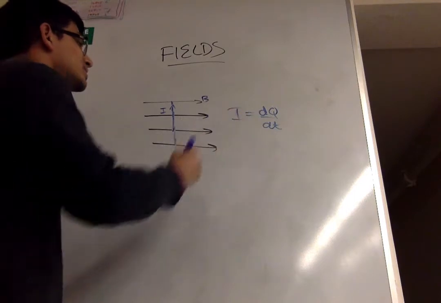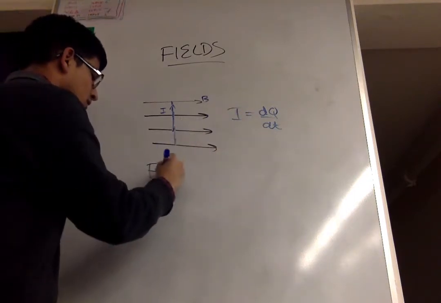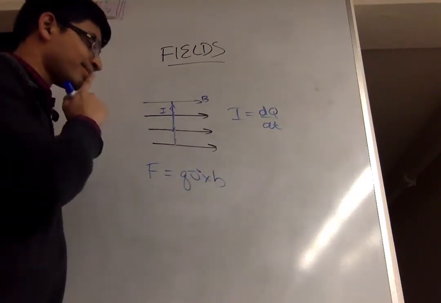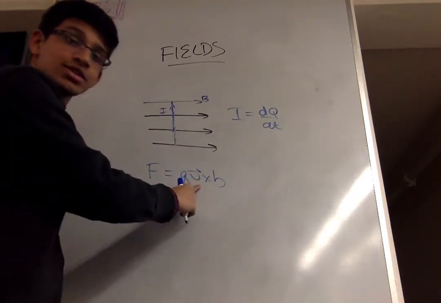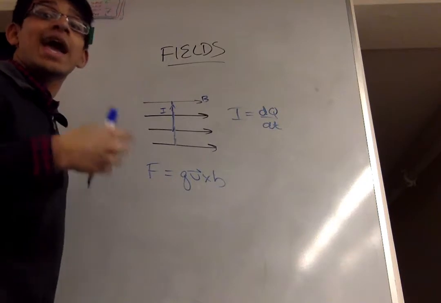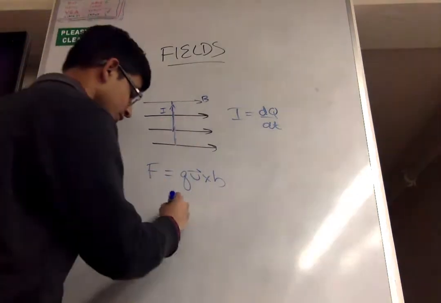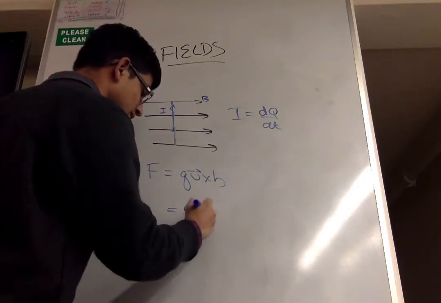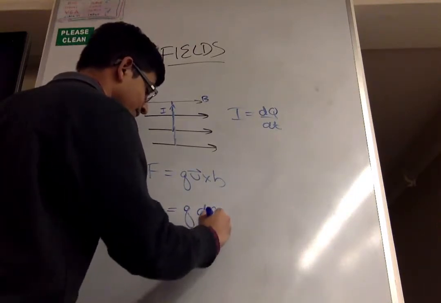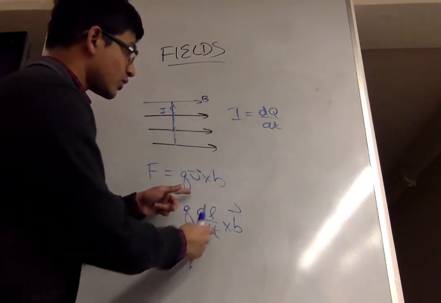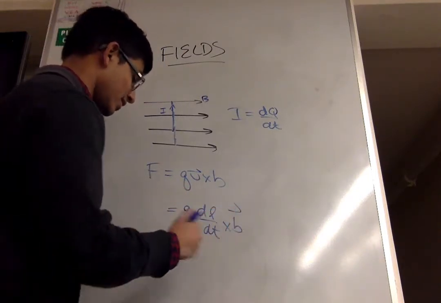So we know that's the case, and we know the force is equal to qv cross B. We know v is also the same as dx/dt or dl/dt for a segment of wire of length L. So q dl/dt cross B.